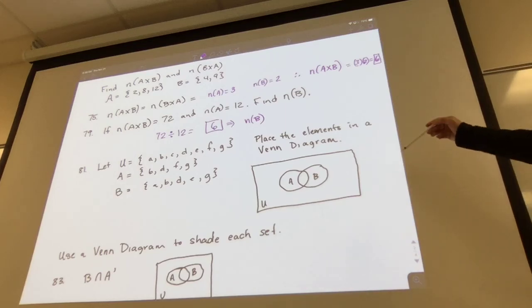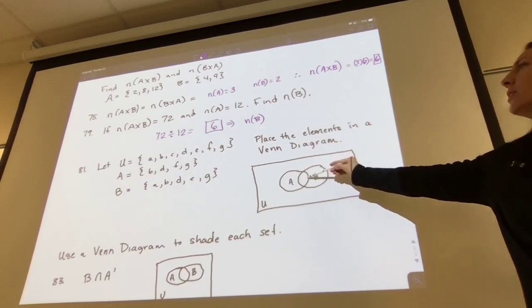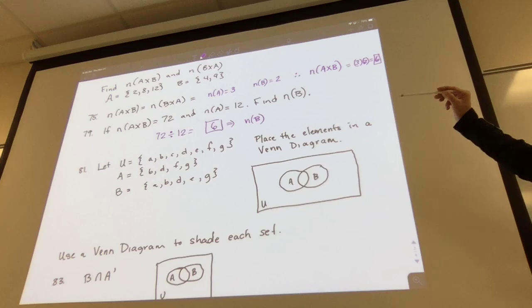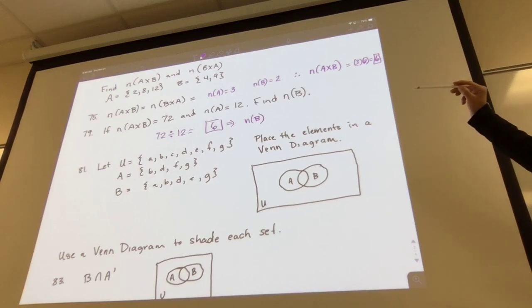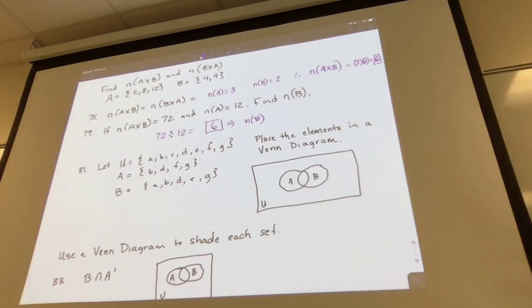First of all, what's going to go here? What they have in common, right? What's in both of them? B, D, and G. So the ones that are in both of them, you want to put there. B, D, and G is going to be common to both. What's in A but not in B?